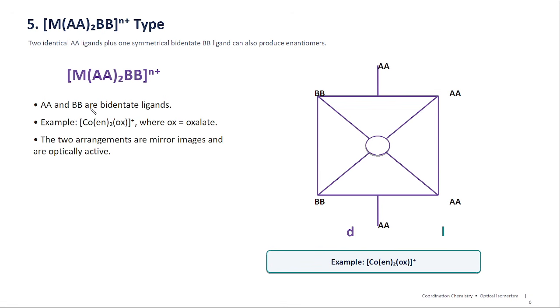The example is ethylenediamine oxalato cobalt. Here ox means oxalato. Here I have given the mirror images in one structure. The left side is the D structure, this is the L structure. L means levo, D means dextro. Levo means counterclockwise, D means clockwise direction.